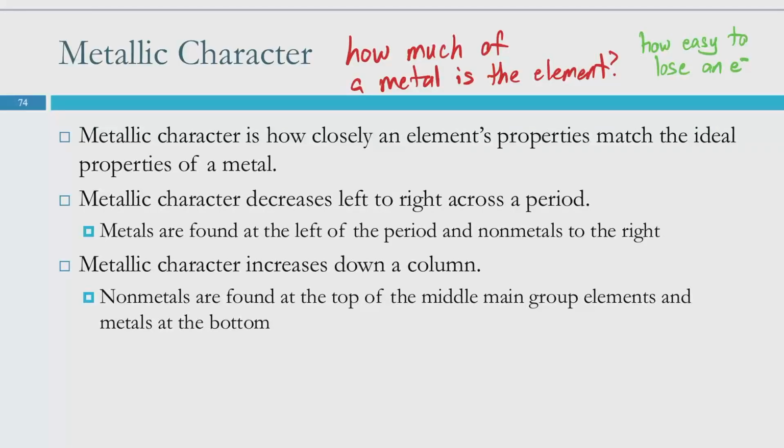Sorry, my left to right, your right to left. So as you move from the right where the nonmetals live to the left, that's where the metals live. So it increases right to left. Metals are on the left and nonmetals are on the right.